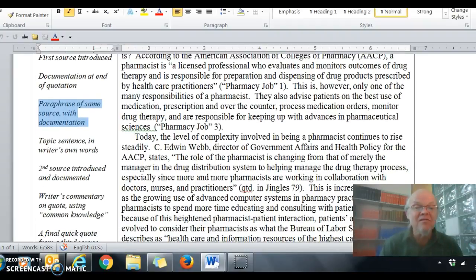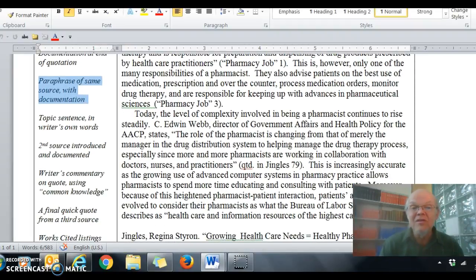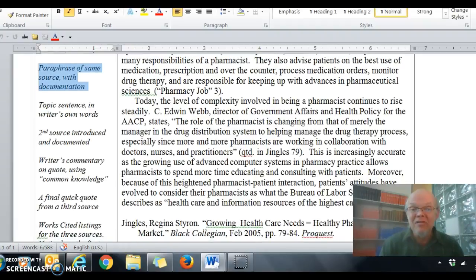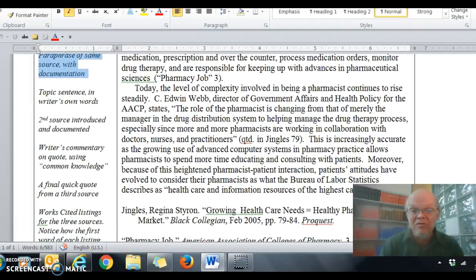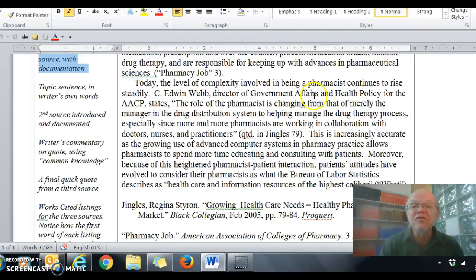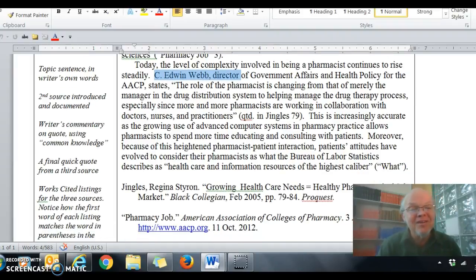Working through Katie's example, as you will, you see the same pattern. The topic sentence in the writer's own words, the source introduced, C. Edwin Webb, director of, etc., the documentation, the writer commenting on the source like the talk show host does in conversation with his or her guests.